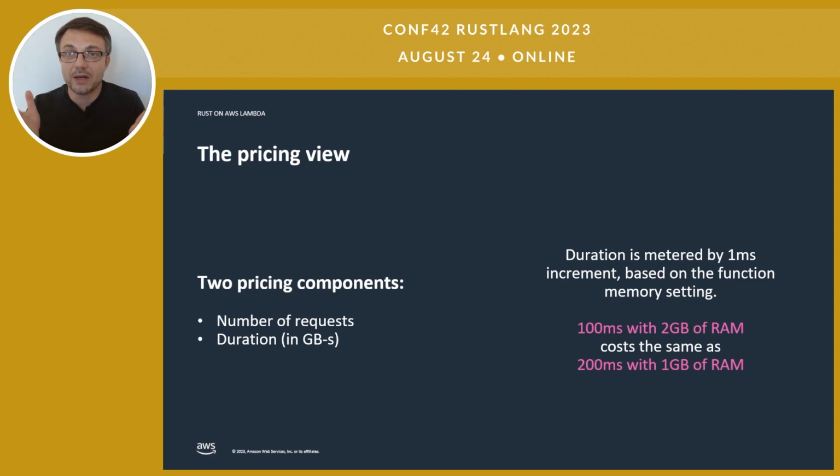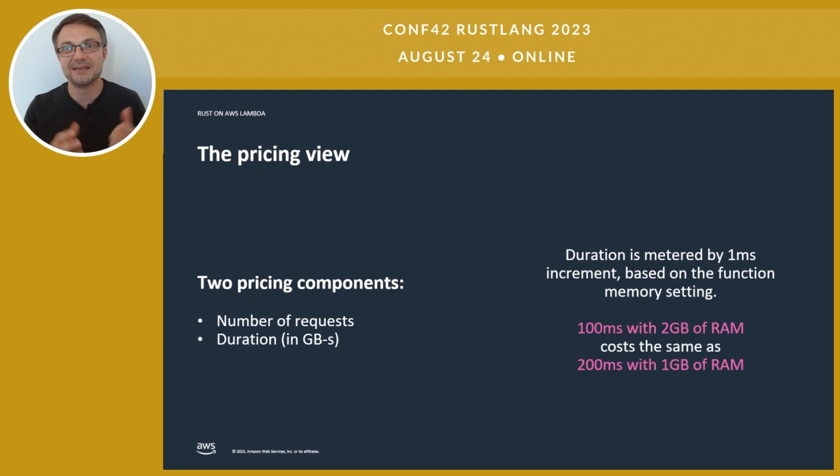But what if you can minimize both things? You can have less memory configured and your function runs less amount of time. So it essentially means that you will pay less.